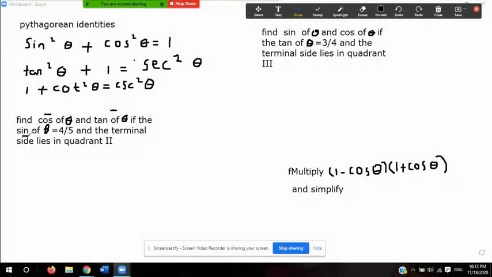Why sine or cosine? For two reasons. One, because I'm being given the value of the sine, and one of the things I'm being asked to find is the cosine. Again, what do I have given? I have the value of the sine, which is 4/5. So I have the sine of theta, which is 4/5.